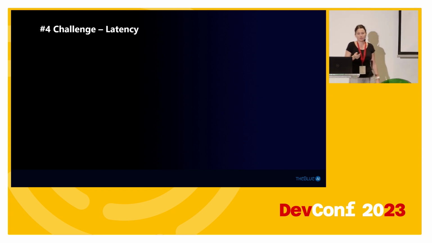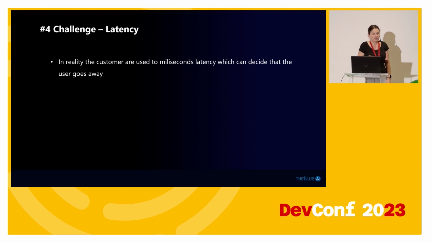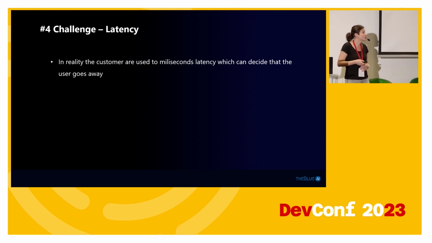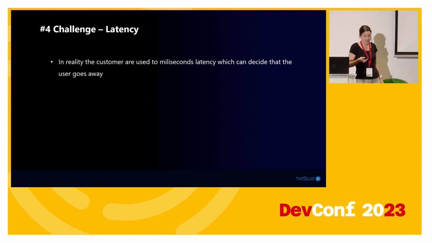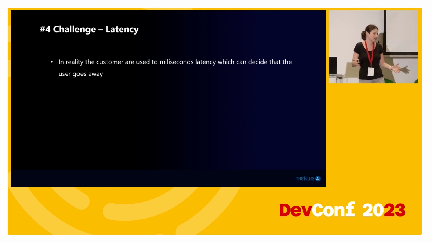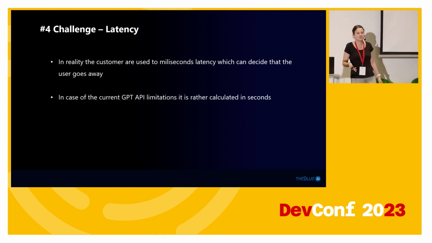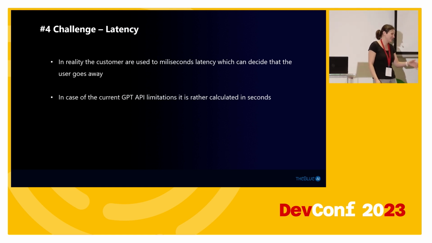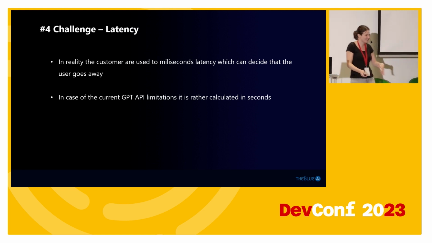The next one is latency. If we are thinking about our users, sometimes the UX designers say, and I think there is also some research about it, that some users decide even in milliseconds that they'll leave the page because it's not loading. And if we are thinking about large language models, we are not talking about milliseconds. It is more, I mean, Krzysiek is not convinced, but it depends.